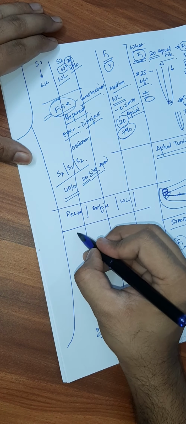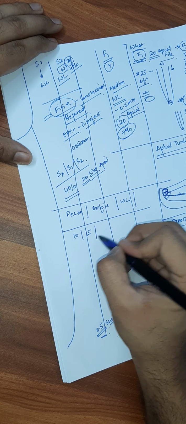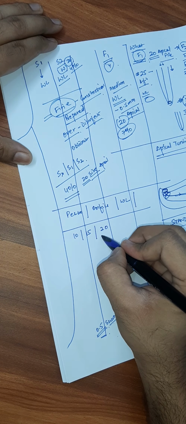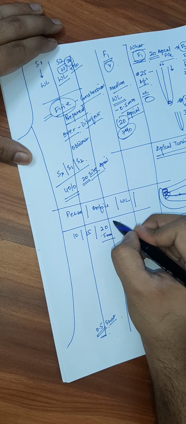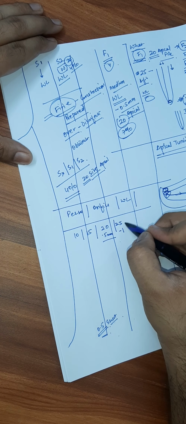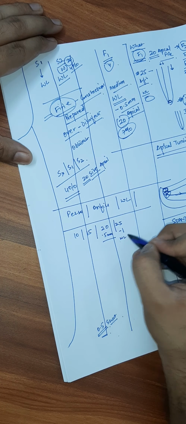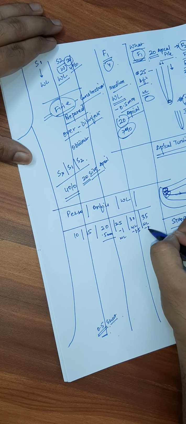Then we use a 10 number file, 15 number file sequentially, then a 20 number file 0.5 mm short of the apex, a 25 number file working length minus 1, a 30 working length minus 1.5, and a 35 working length minus 2 mm.